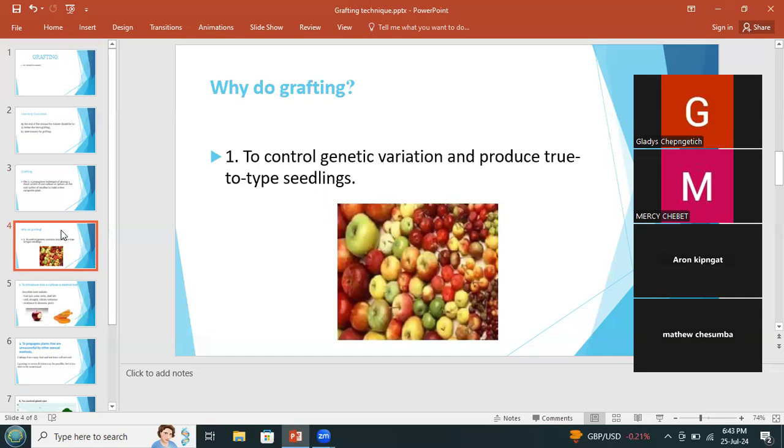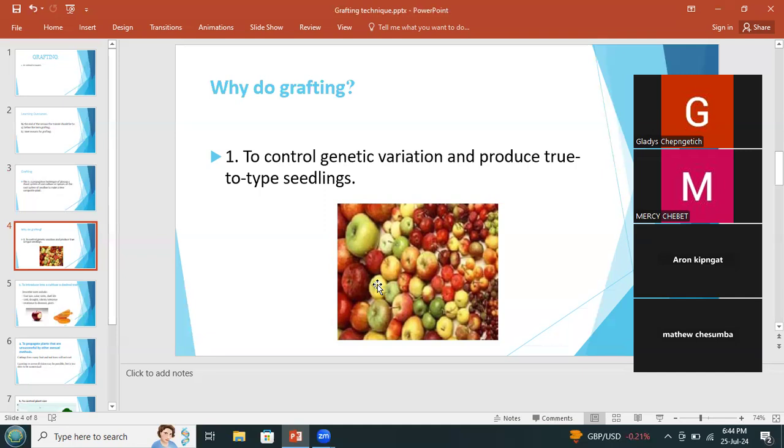And the first reason is to control the genetic variation and produce true to type seedlings. As you can see in our picture, we see some apples. They are in large size, some are very small. So a farmer may decide to go for the apple which produces large fruits to graft with the one which produces small ones.